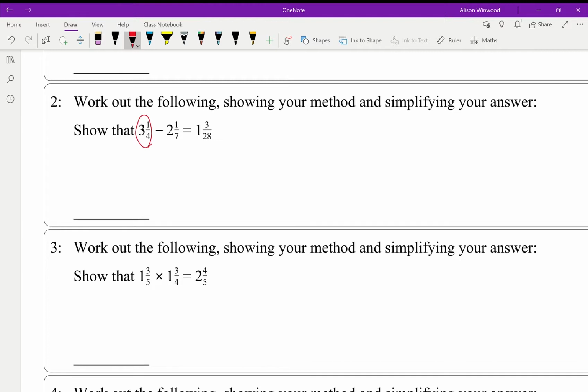Same with subtraction questions, so convert that into 13 over 4 and 15 over 7.